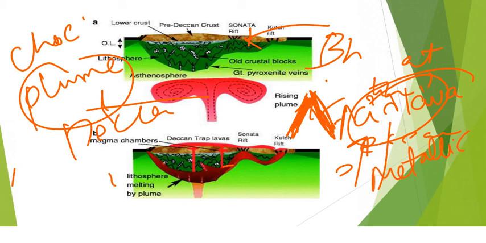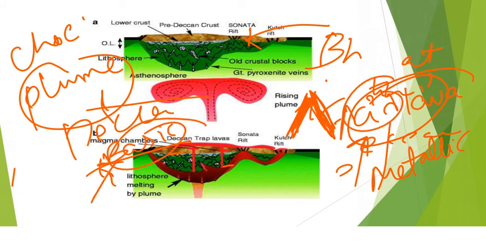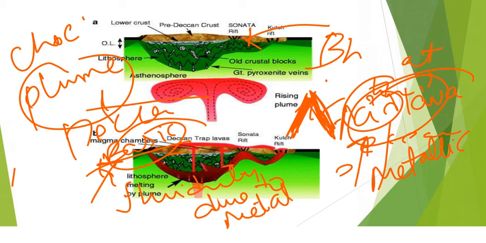But coming to basic lava, there are two types of lava: acid lava and basic lava. Basic lava has good fluidity due to metal content and low silica. Where metal content is low, silica is high.